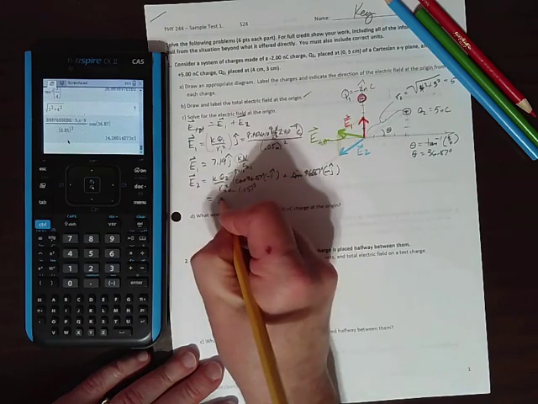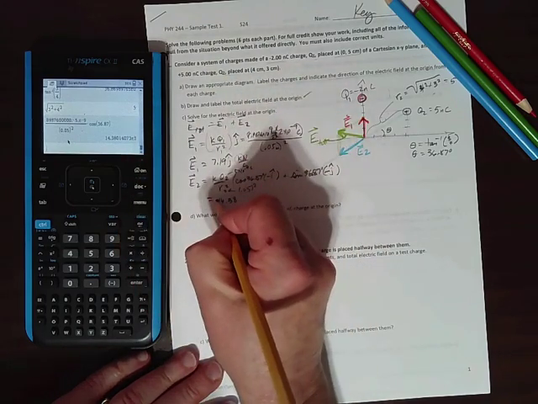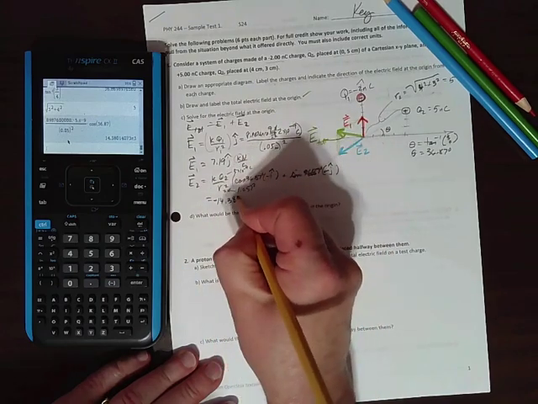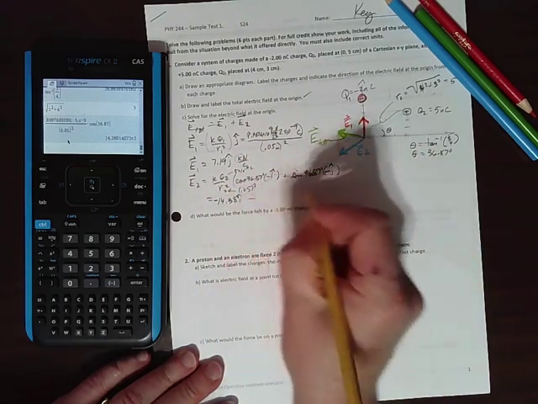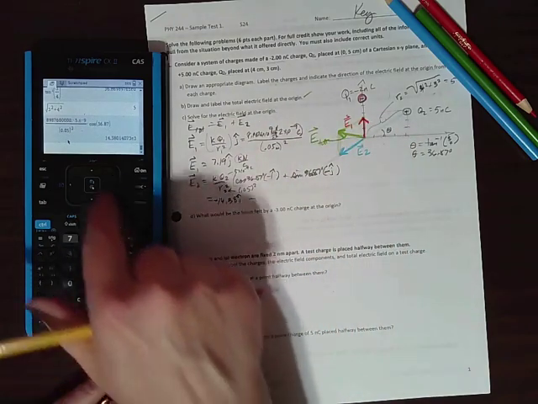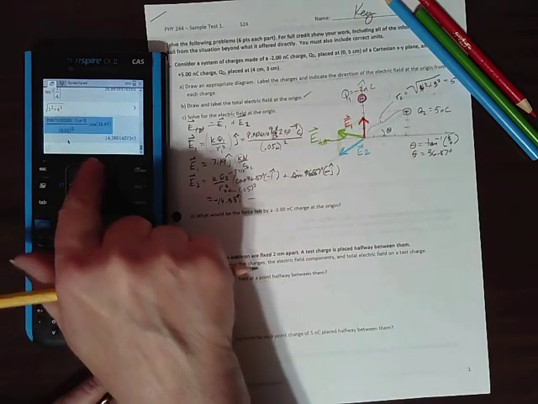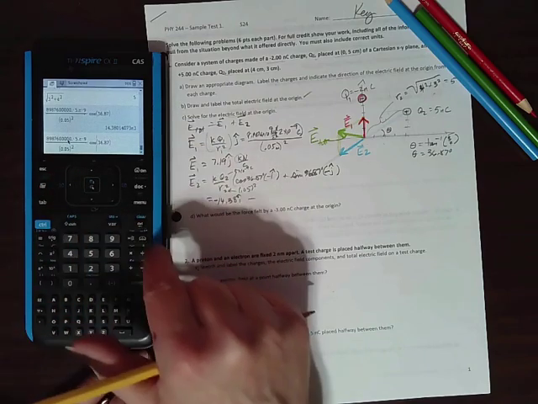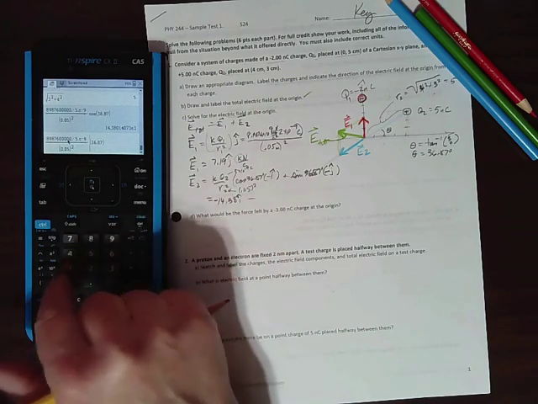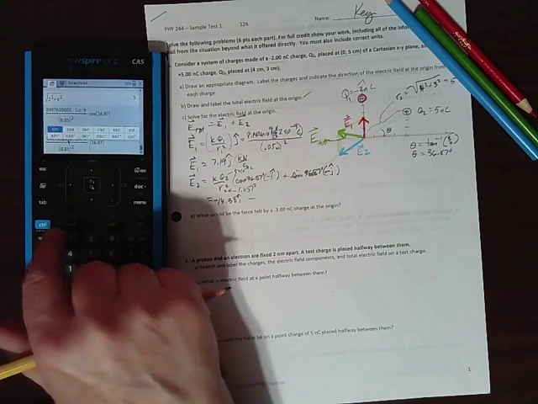So we get 14.38 kilo, but it's multiplying negative i hat, so negative 14.38 i hat minus, and then let's do that same thing again. I'm going to cheat and go get it if I can, and just change that cosine to a sine.